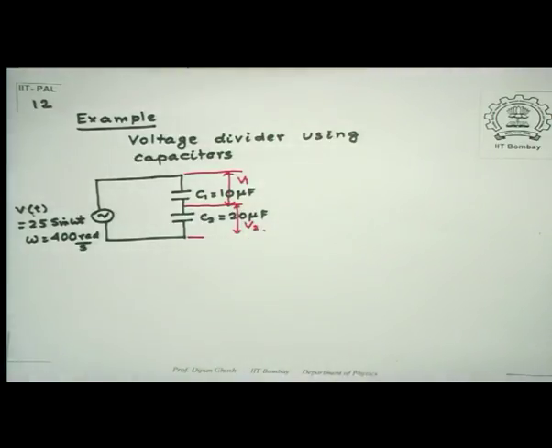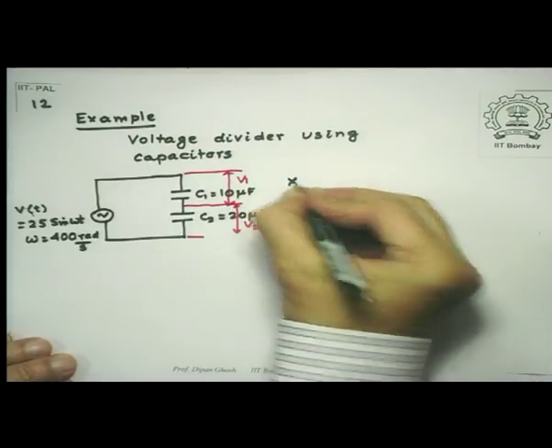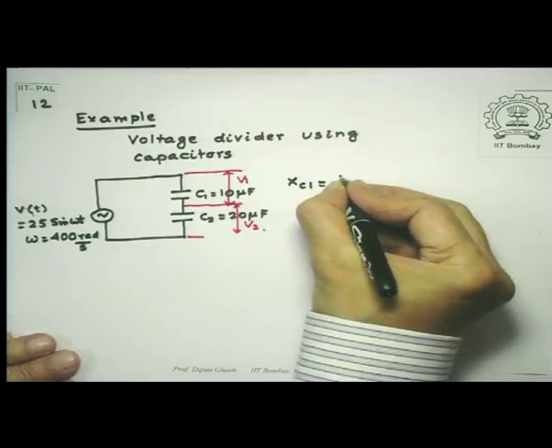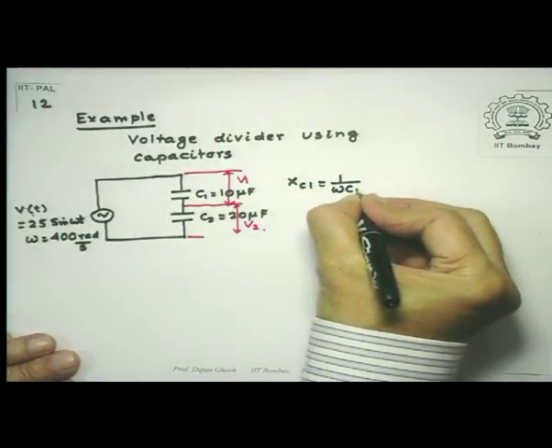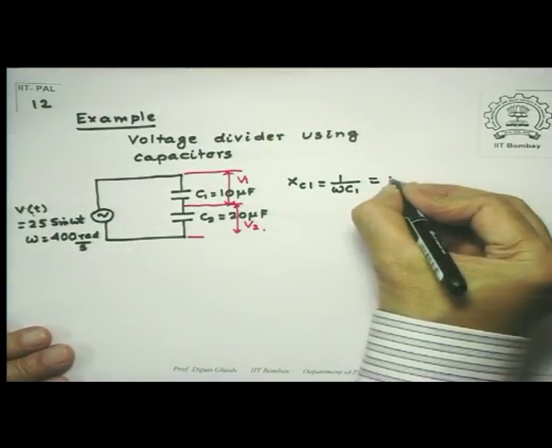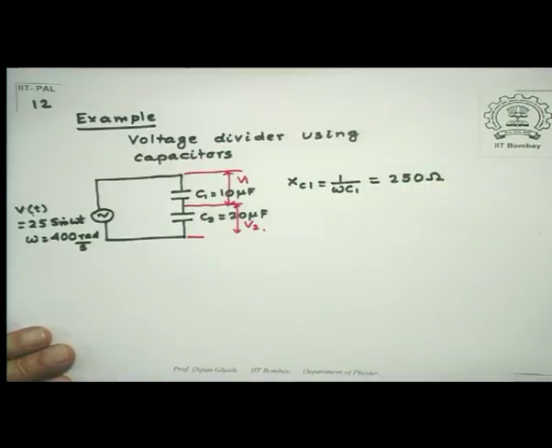Now remember that since the capacitors are in series, the charge Q at any instant in them is the same, but the voltage is different. In order to do that, what we need to find out is the reactance of the first capacitor. This is equal to 1 over omega C1. Omega is 400, C1 is 10 microfarad, so that we have just now worked out in another problem to give me 250 ohms.